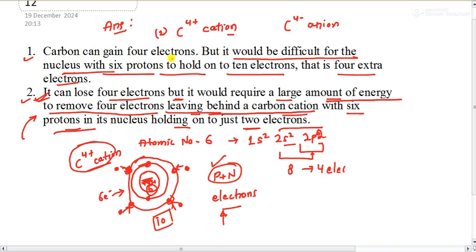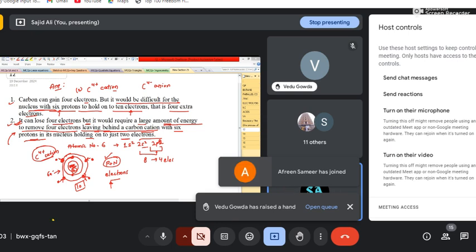It can gain 4 electrons, but it would be difficult for the nucleus with 6 protons to hold on to 10 electrons. That is 4 extra electrons. Got it, guys? Have you understood? Those who have doubts can ask.